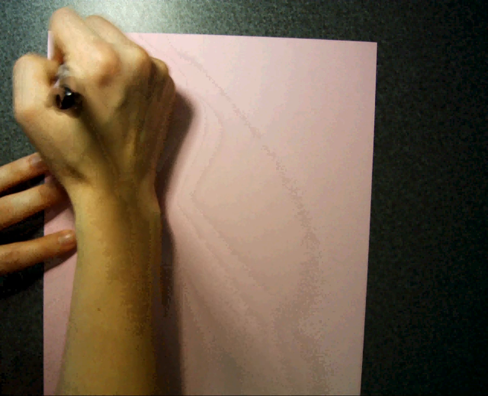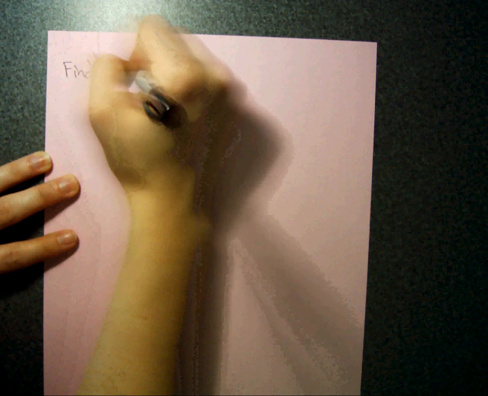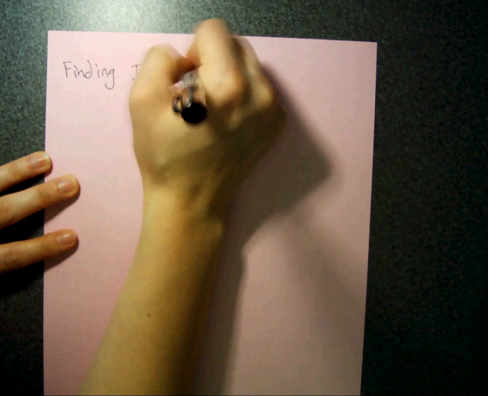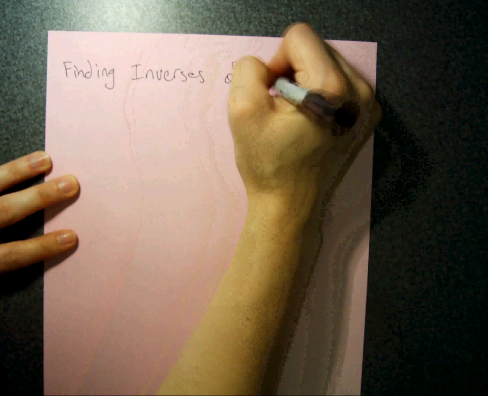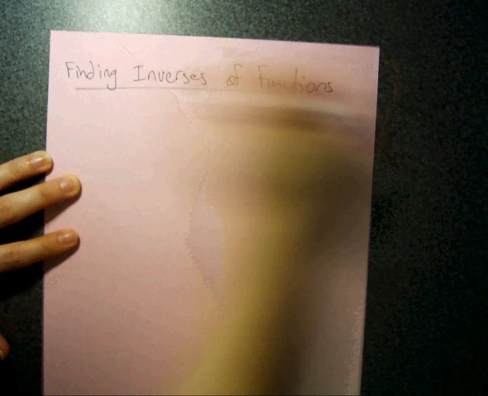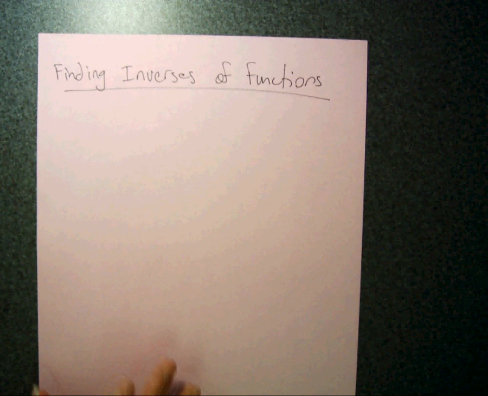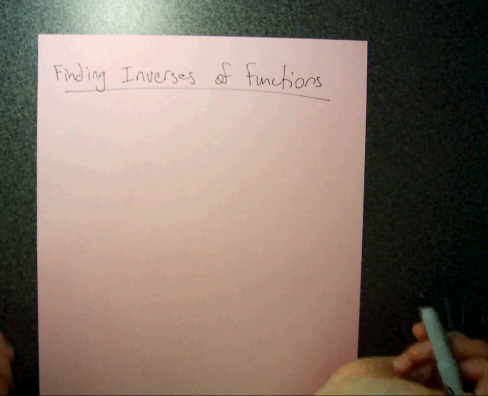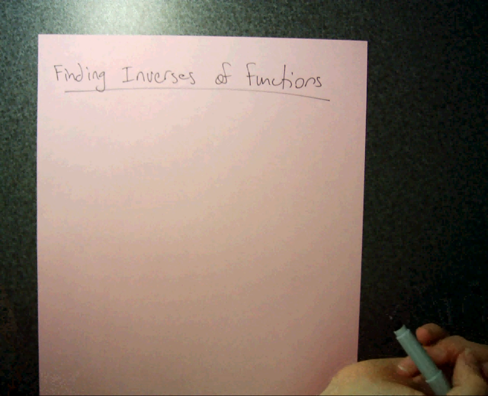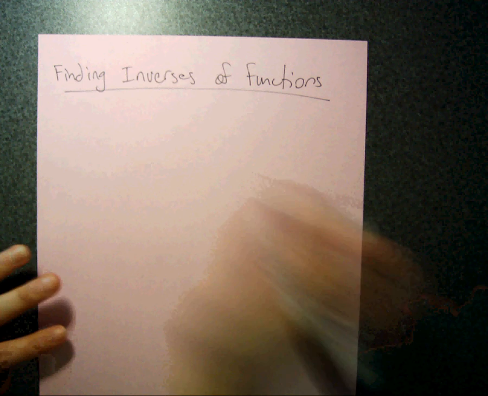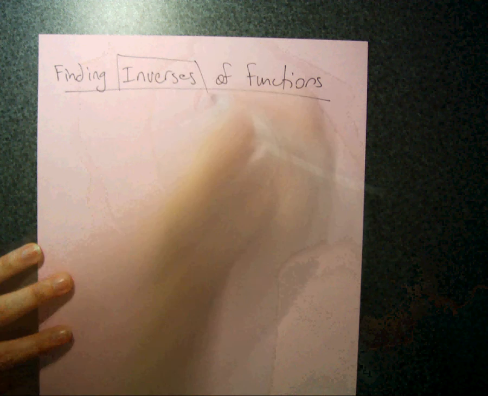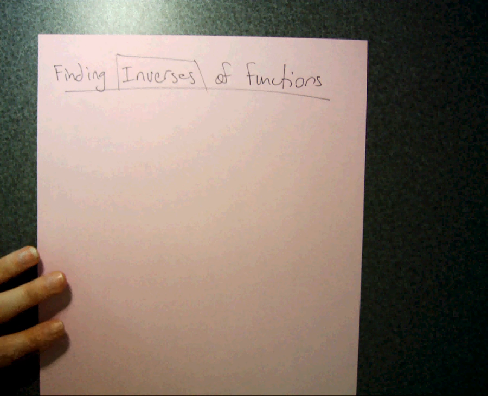So let's look at actually finding inverses of functions. And we'll talk a lot later about what inverses of functions mean. Right now, let's just worry about the algebra of actually finding the inverse. What does an inverse function do? Anybody remember from Algebra 2?